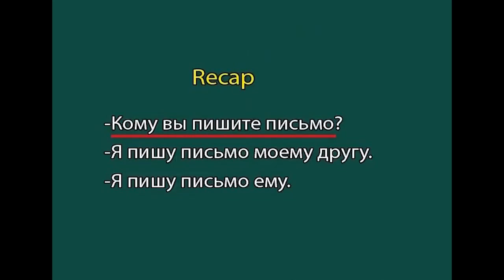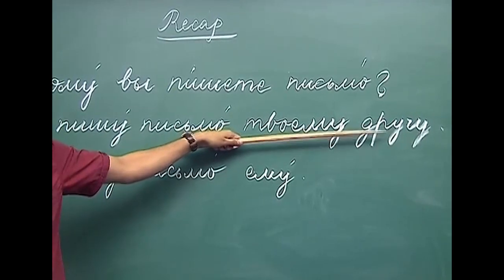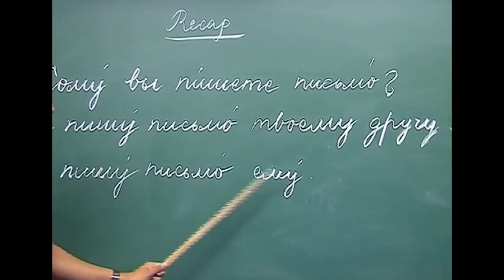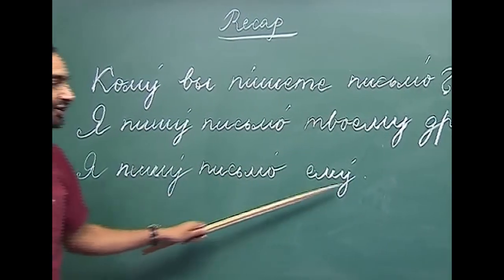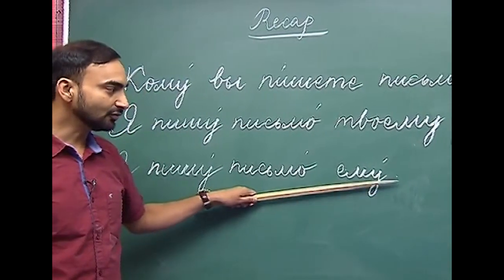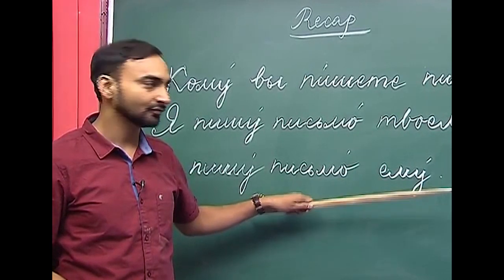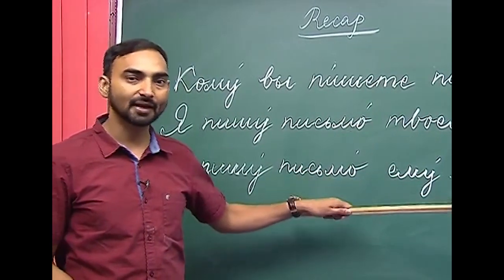What if we have to use a personal pronoun in place of the nouns? Then we use a personal pronoun here. Ya pišu pismo yimu. Yimu denotes the personal pronoun on. So on in the dative case becomes yimu.